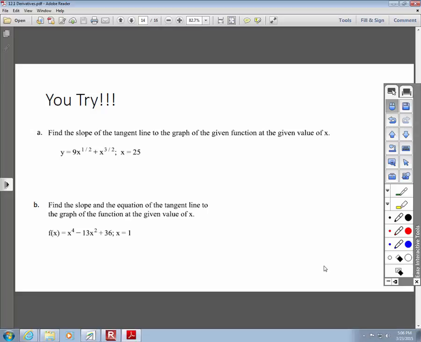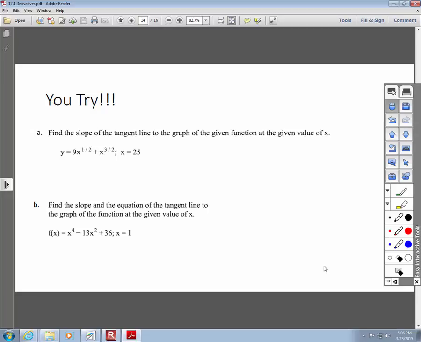Let's clean that up. So it's going to be 9/2 x to the, what's 1/2 minus 1? Well, it's negative 1/2. Plus 3/2, what's 3 minus 1? Well, that's going to be 1/2. x to the 1/2.